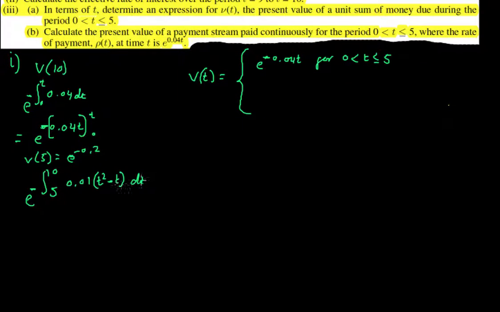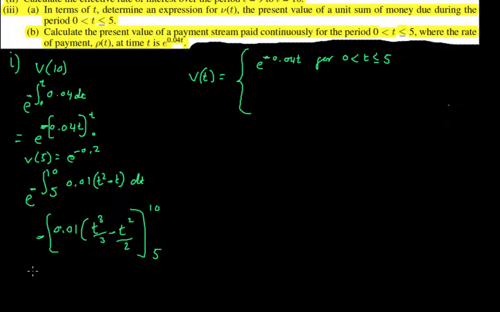Okay, and so now all we got to do is find the integral of this. Well, the integral is still going to be with the 0.01 on the outside, and that'll then be t cubed on 3 minus t squared on 2. There's a negative outside all of that, and that's between time 10 and time 5.